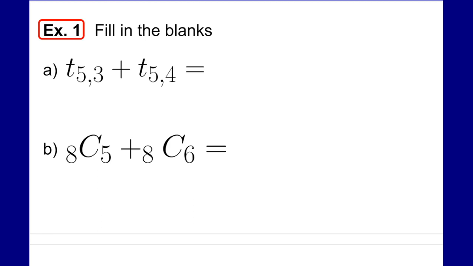So just in general, looking at the different positions. Term 5, position 3 plus term 5, position 4 is going to equal what?